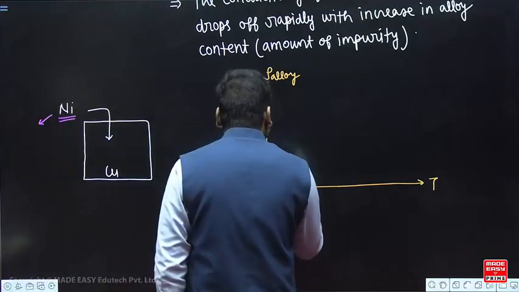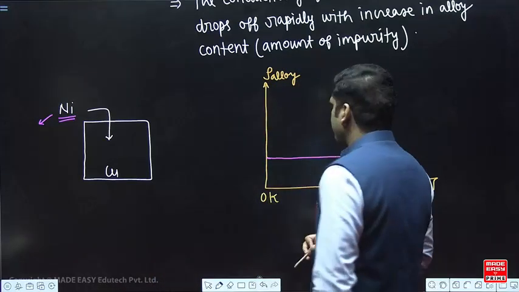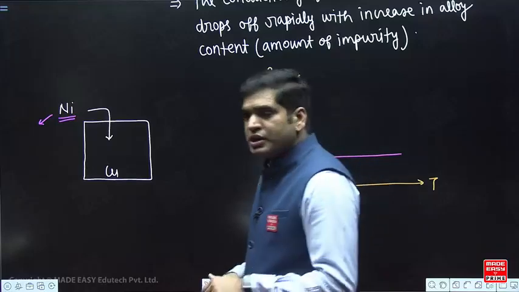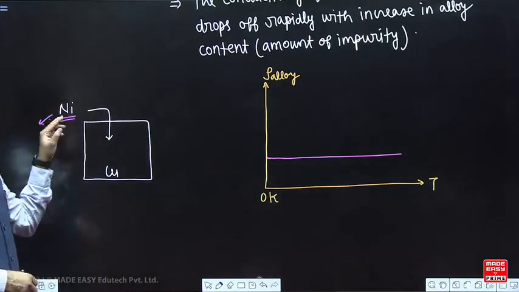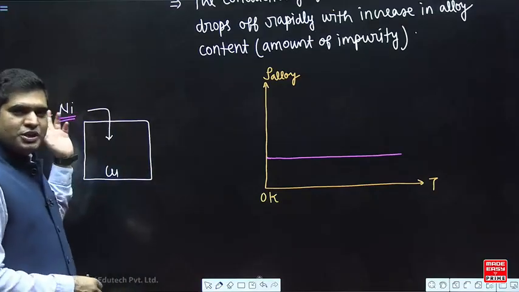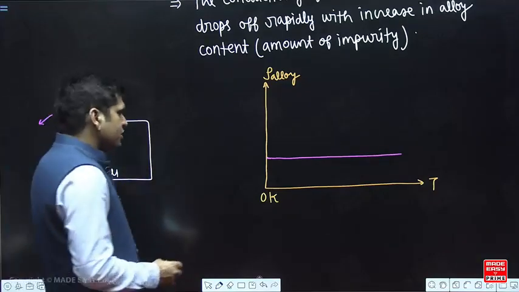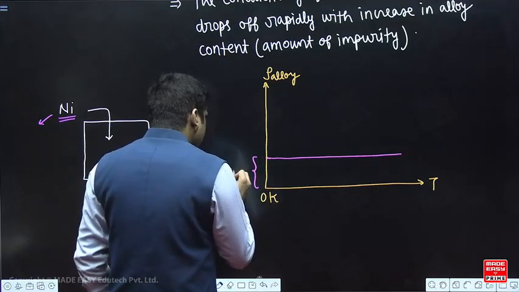I am taking that resistivity to be like this. It is independent of temperature. It is basically due to the impurity. So if you want to increase this, you need to increase the amount of impurity. If you want to decrease this resistivity, you need to decrease the amount of impurity. This resistivity is known as rho residual.